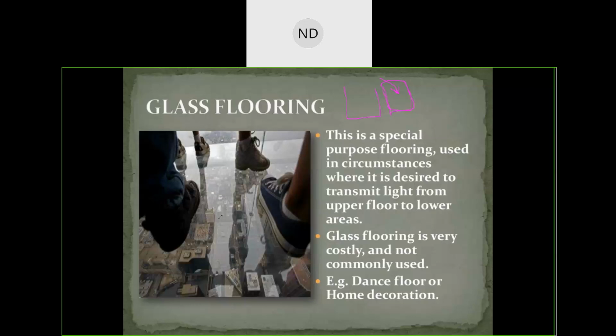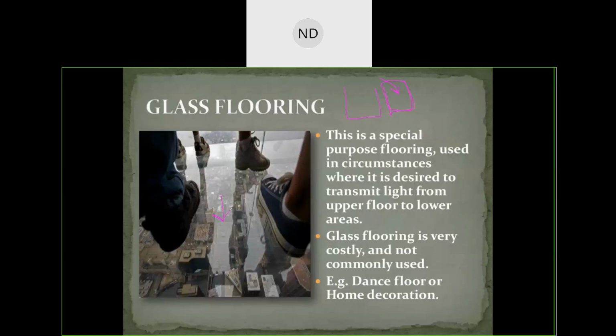If you want the bottom portion to be visible to you, or there should be more lighting, suppose you are giving it on the terrace. From the terrace you have the slab flooring, and below that obviously you will have some room or balcony. In that place you can give this glass flooring, from where you want your light to move into your room.